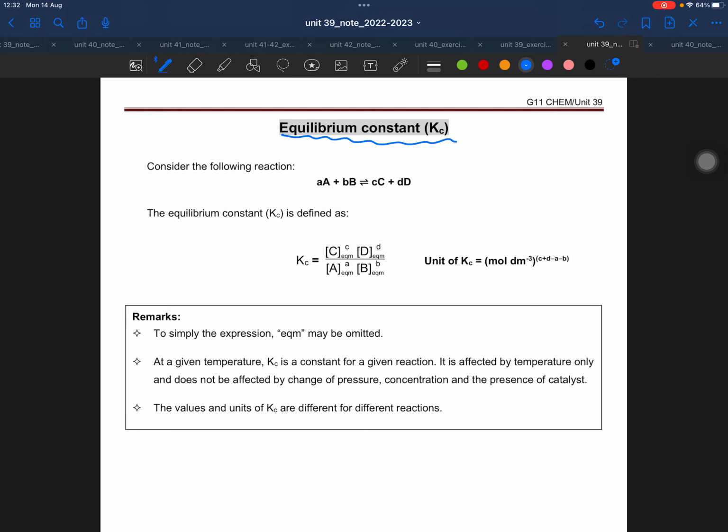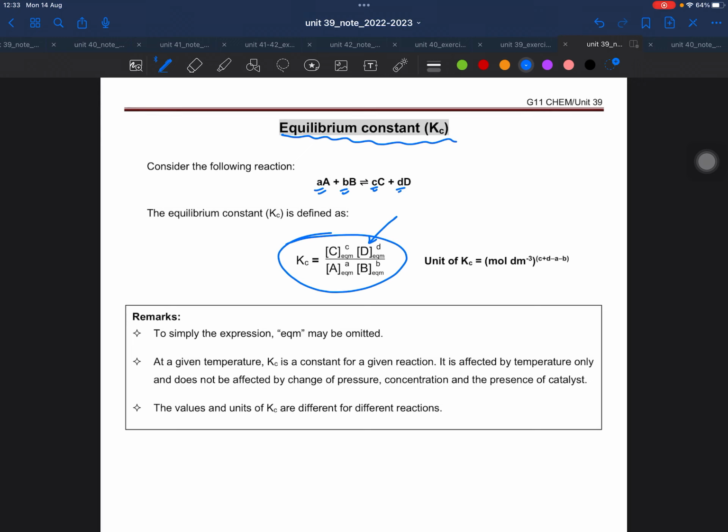Okay, but you should be careful. All of them are concentration or molarity ratio, not mole ratio. Okay, let me rephrase again: not mole ratio. With the coefficients, we can define our equilibrium constant like this.